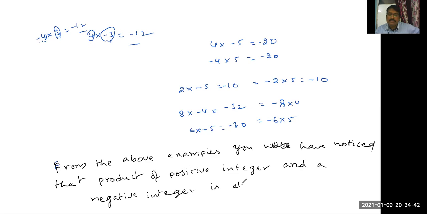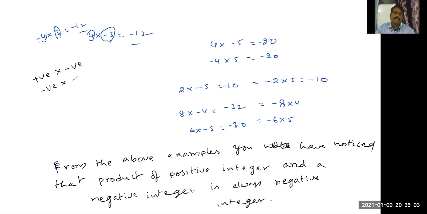Is always a negative integer. That means the product of a positive integer and a negative integer is always negative.